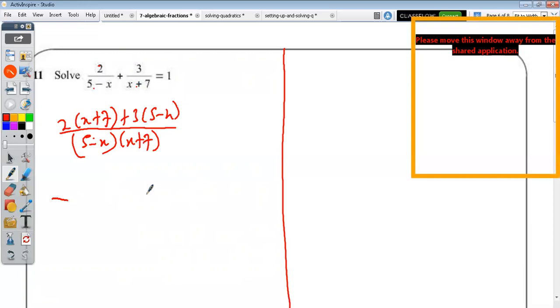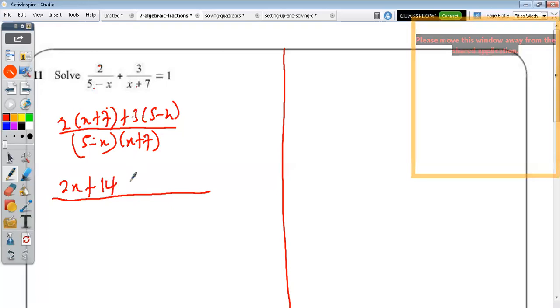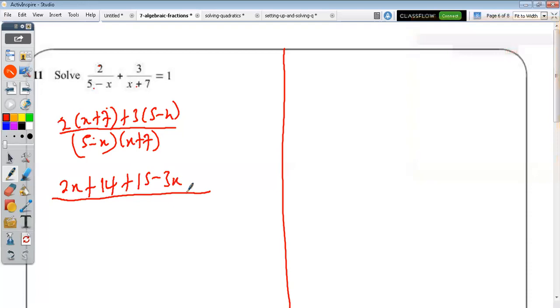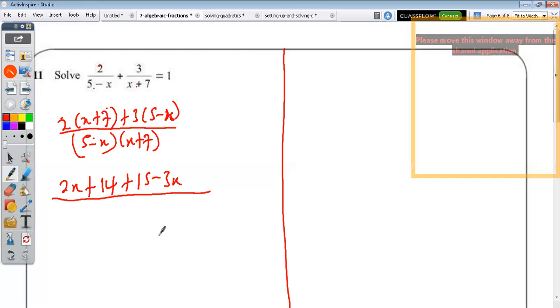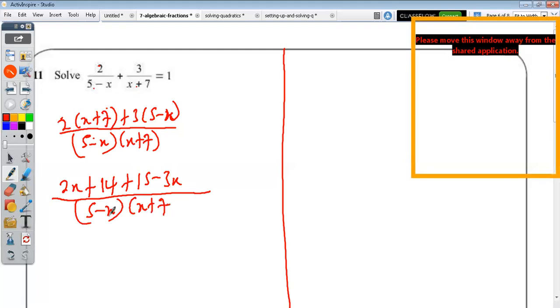Can someone remove the brackets? 2x plus what? Plus 14. Plus 15 minus 3x. Okay, remember this is an x here, sorry, not an h. So now 5 minus x brackets x plus 7. We want to combine.